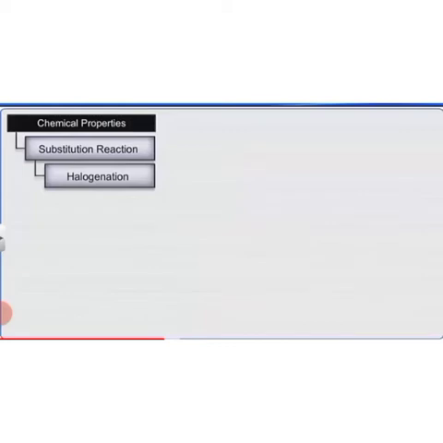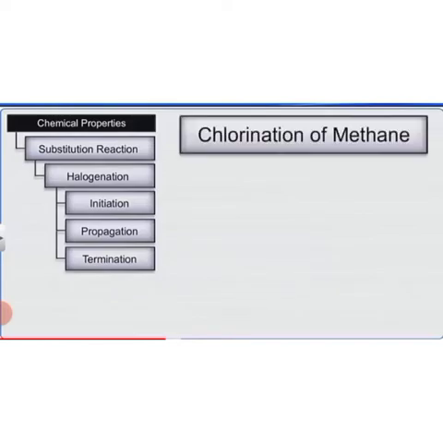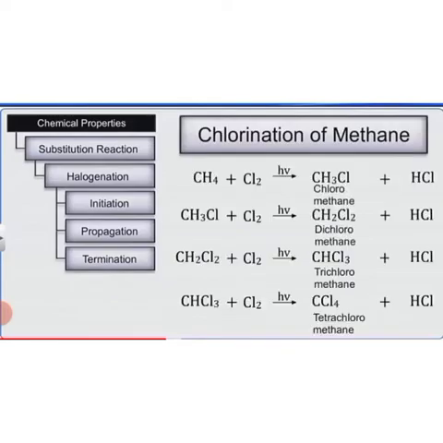It involves 3 steps: initiation, propagation, and termination. Let's go through each step by observing the chlorination of methane. During chlorination of methane, the 4 hydrogen atoms of methane are step by step substituted or replaced by chlorine atoms, forming tetrachloromethane as the final product.